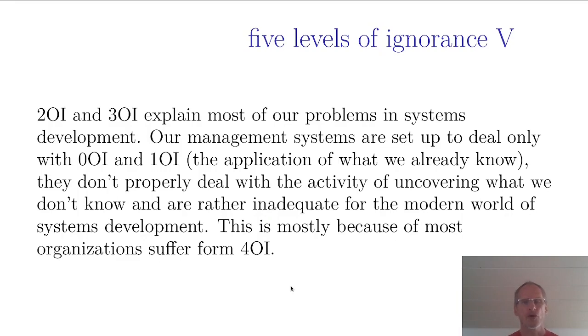If we use this framework of these five levels of ignorance, we can see that second order of ignorance and third order of ignorance explain most of the problems in systems development. It is either that I don't know what I don't know that throws us off, or it is that I don't have a way of finding out what it is that I don't know. Management systems in companies, in development enterprises, are often set up to deal with 0 order of ignorance.